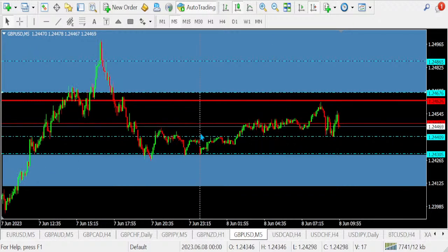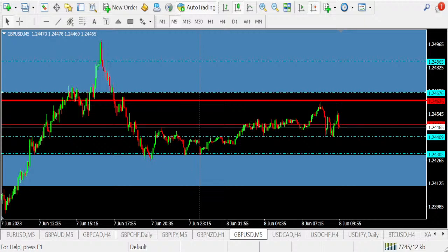Oh, this doesn't look very interesting to me. Okay, what's the next thing that I'm going to look out for? High impact news today. Looks like today the dollar is going to manipulate the market.